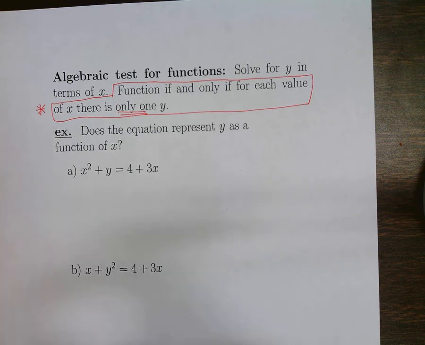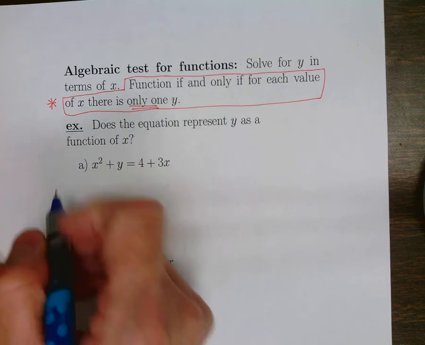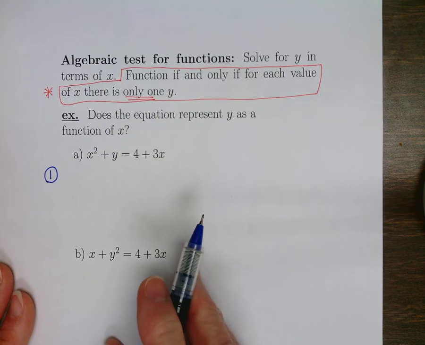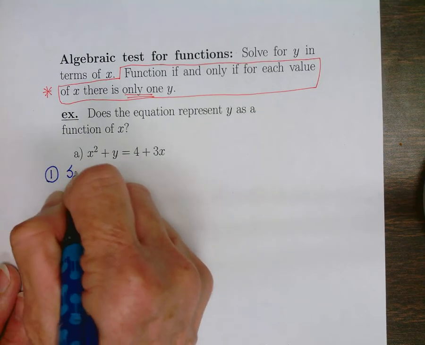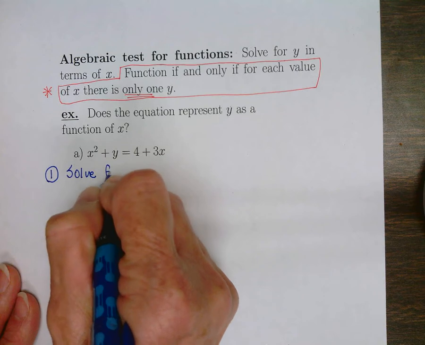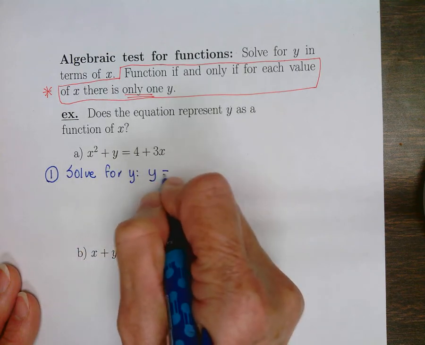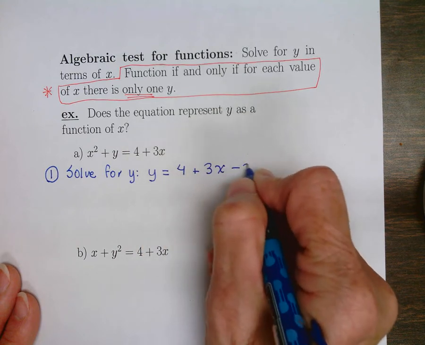Okay, so how do we figure out if Y is a function of X? We solve for Y and then see what happens in terms of the X values. Okay, so if I solve for Y, I get that Y equals 4 plus 3x minus x squared.